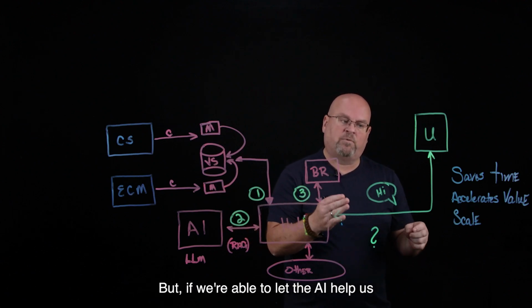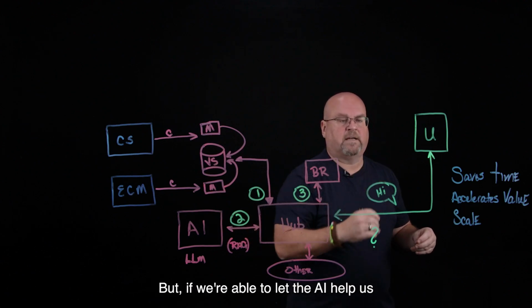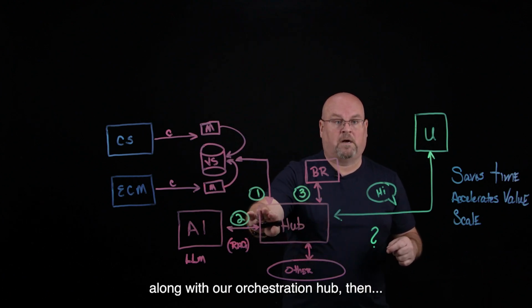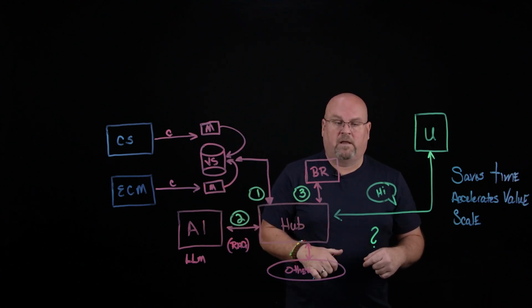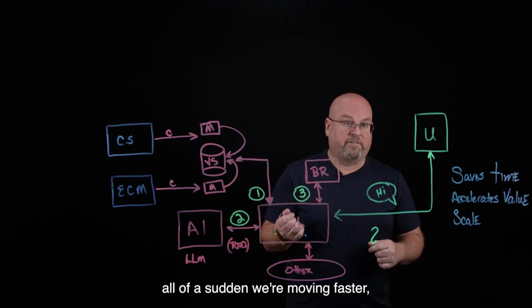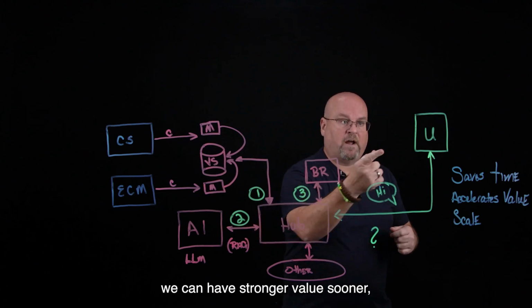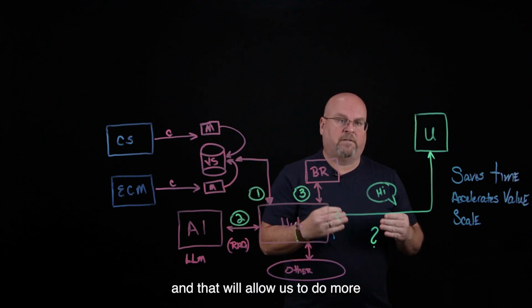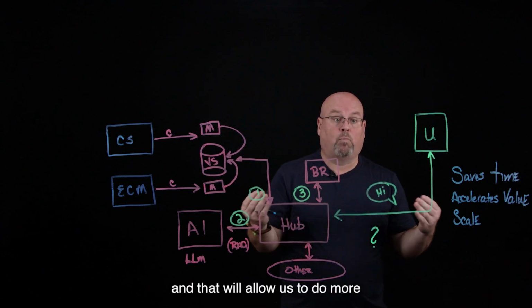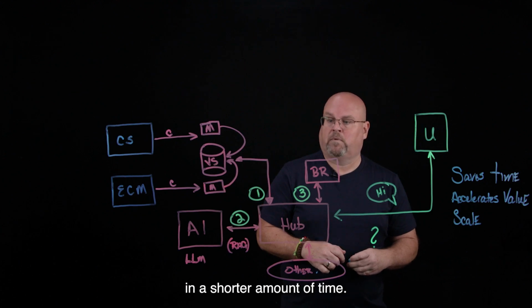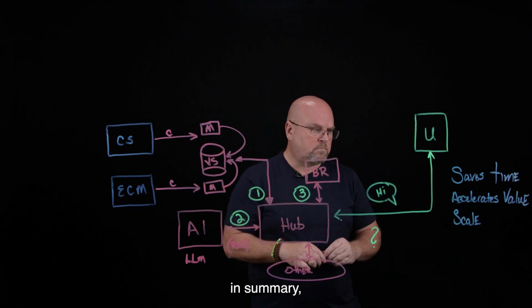But if we're able to let the AI help us along with our orchestration hub, then all of a sudden we're moving faster. We can have stronger value sooner, and that will allow us to do more in a shorter amount of time.